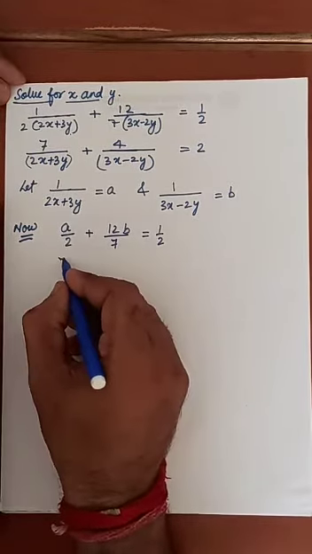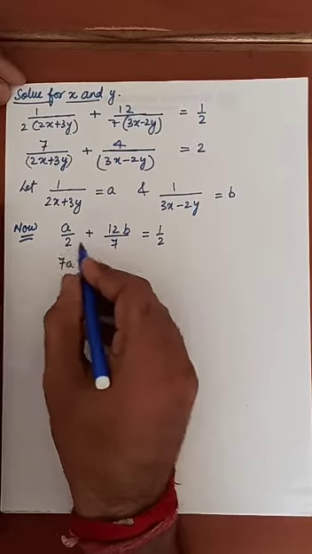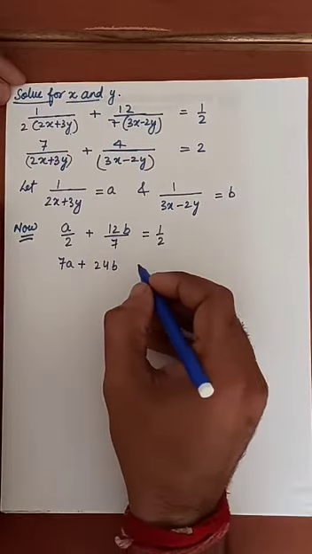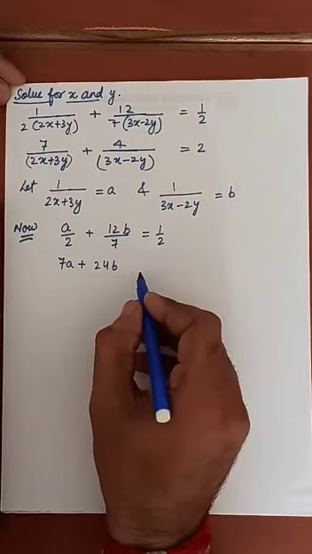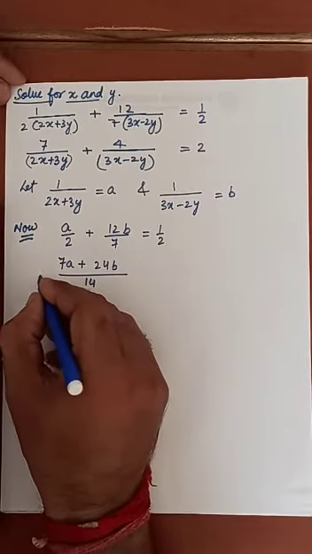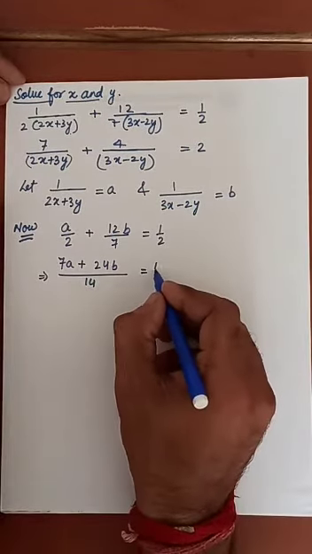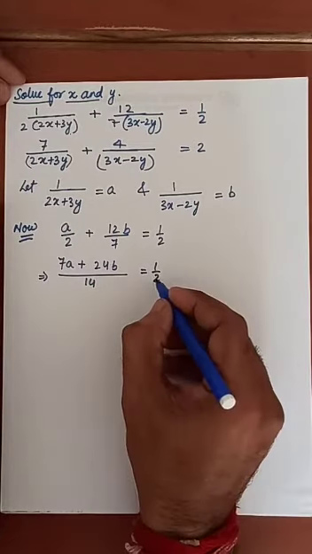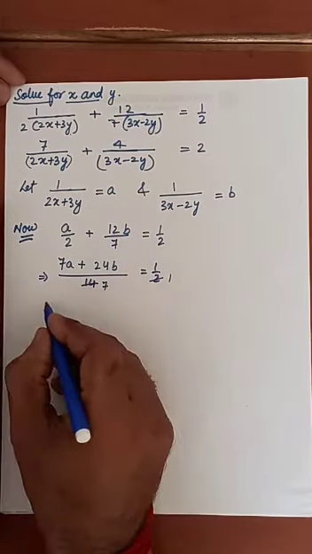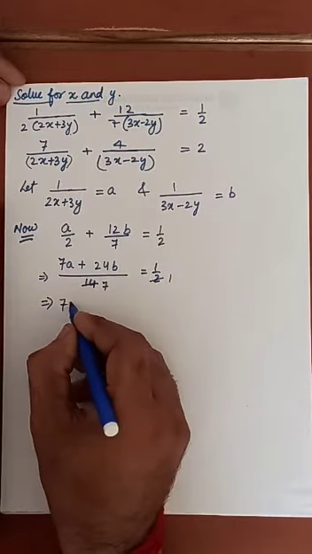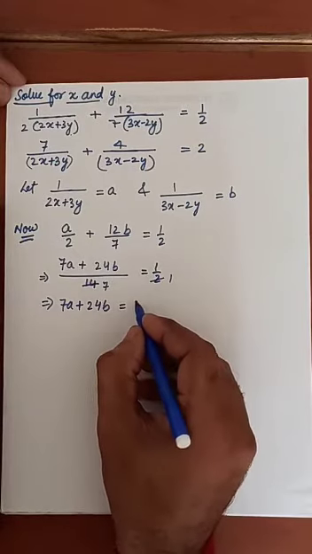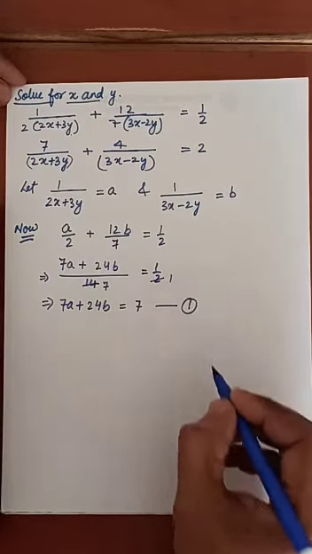So it will be 7a plus 24b upon 14, that is equals to 1 upon 2. We can simplify over here, 2 1 2, 2 7 14. So now it is 7a plus 24b, that is equals to 7, equation number 1.